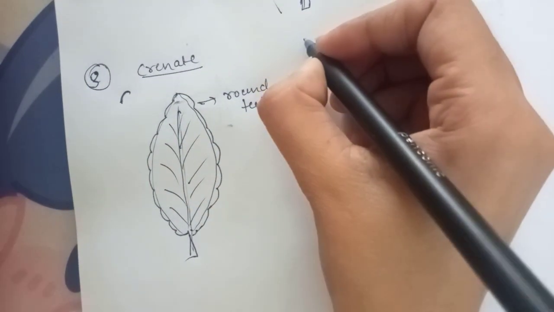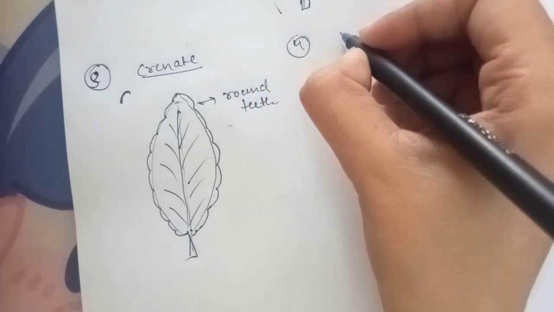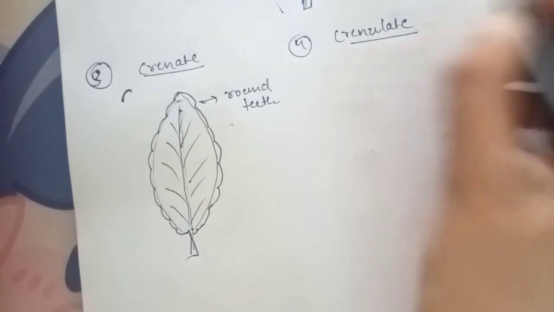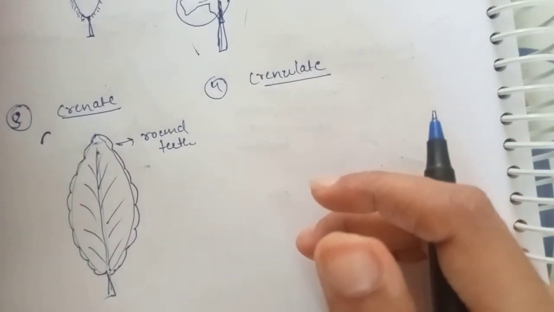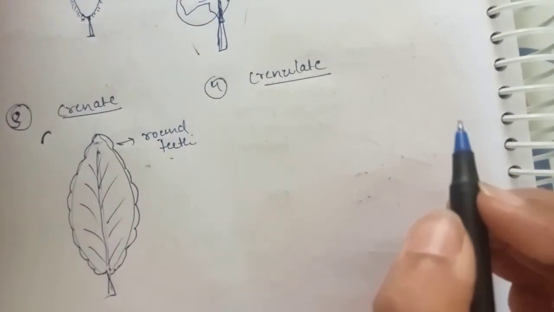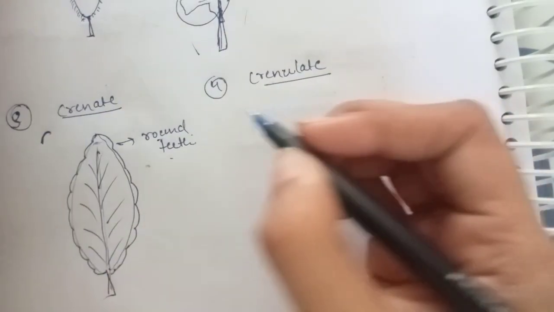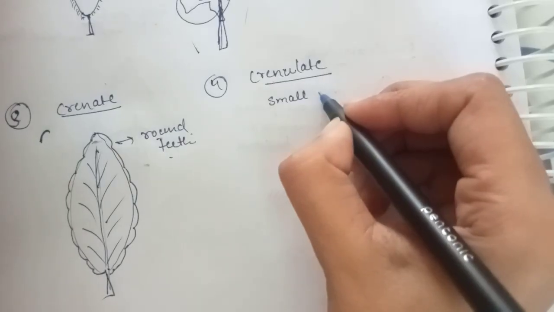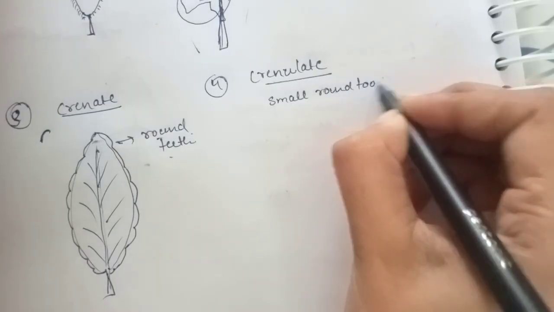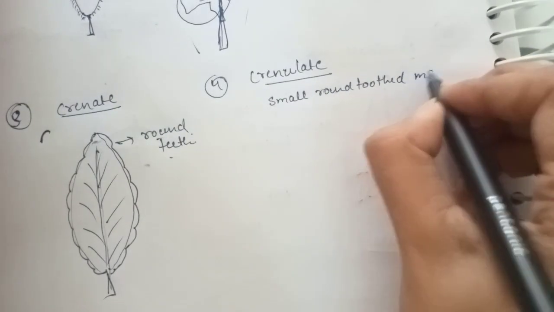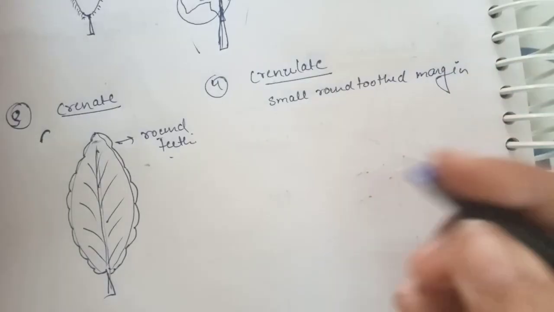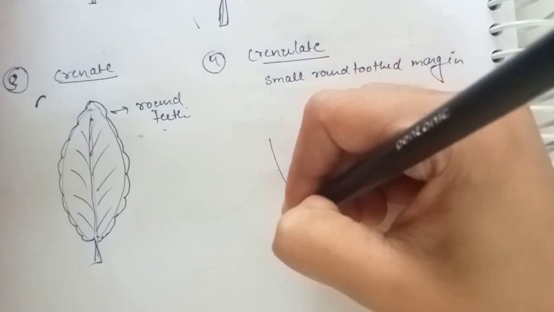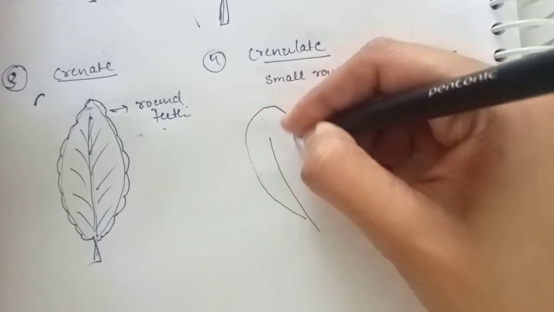There is another term similar to crenate, that is crenulate. What is crenulate? You have round toothed margin only, but the teeth are very small and fine. Smaller round toothed margin is your crenulate shape. For example, let me draw it in a spatulated leaf.